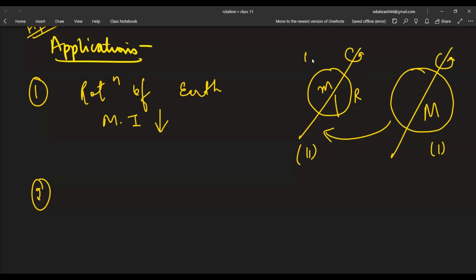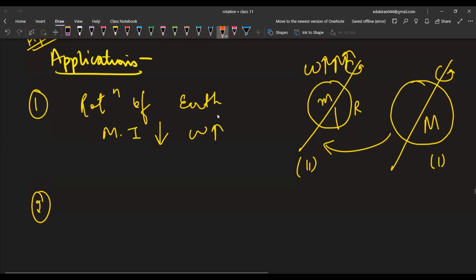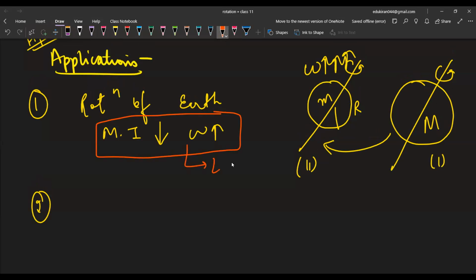So what will happen? Angular velocity will increase so much. Omega will increase so much that Earth will start rotating very fast. Why? Because the total angular momentum L has to be conserved, or it should remain constant.